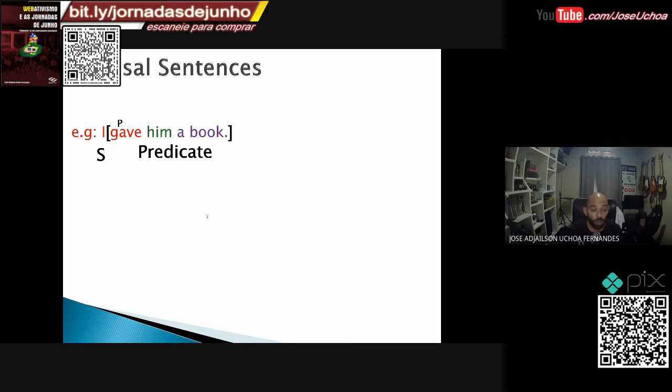Okay, and we have some different colors here. Okay, so a book. What kind of a phrase is a book? Is it a verb phrase, a noun phrase, a determinative phrase, an adjective phrase? What kind of phrase is a book? "Gave him a book" is a verb phrase, but how about a book?